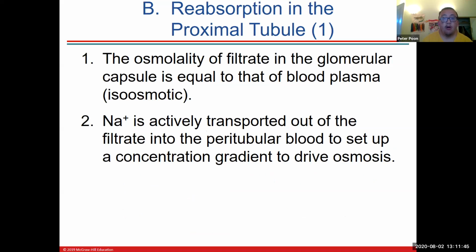All right. So sodium is actively transported out of the filtrate into the peritubular blood, creating a concentration gradient to drive osmosis. So water will follow sodium.